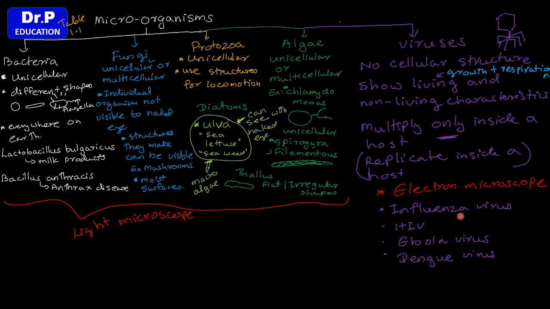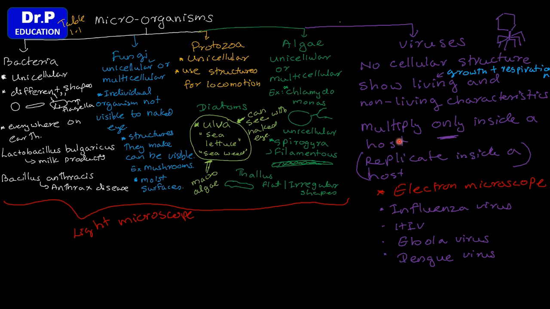Let's say someone sneezed and sprayed their virus on the table. Now it's sitting on the table, it's not alive. But as soon as it gets inside your body, this becomes alive. So that is what we mentioned here, that it shows living and non-living characteristics and multiplies only inside a host. They cannot come to life until they get inside a host.